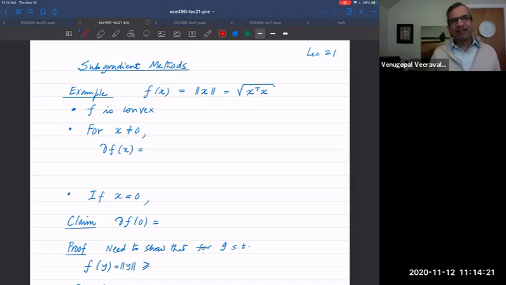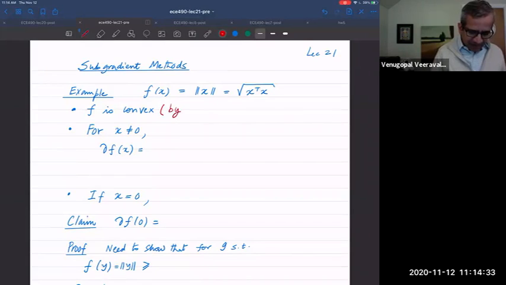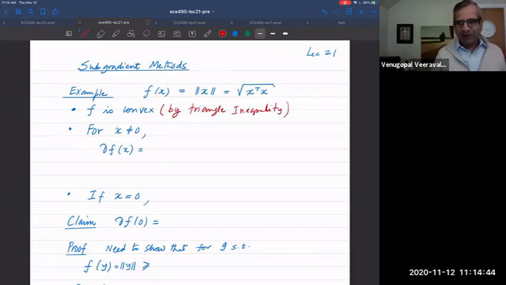We actually talked about this a long time ago, maybe in lecture 3. It's the triangle inequality, right? So you just take a convex combination, apply the triangle inequality of the norm, and you automatically get convexity, right? If you don't remember this, go back and make sure you can check it. It's one line, but I just want to make sure that you can go back and see that yourself.